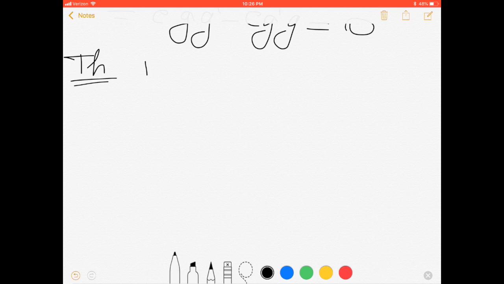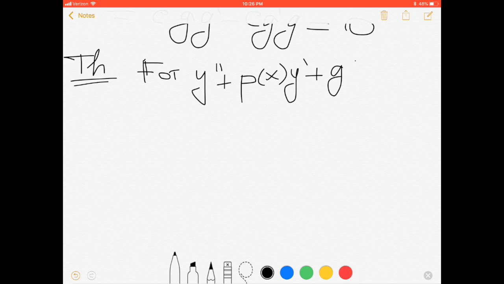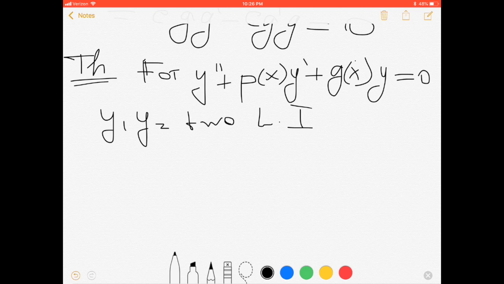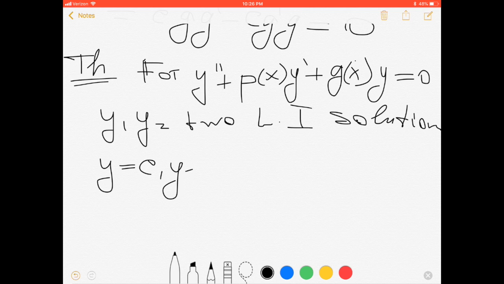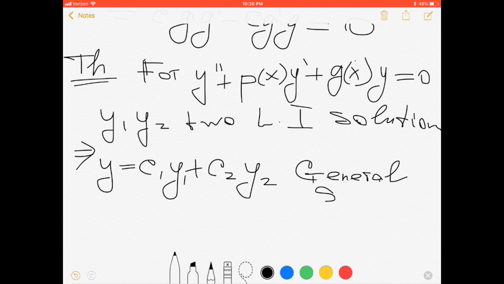If for the homogeneous equation of second order you have y1 and y2, two linearly independent solutions, then the solution c1 y1 plus c2 y2 will be the general solution.